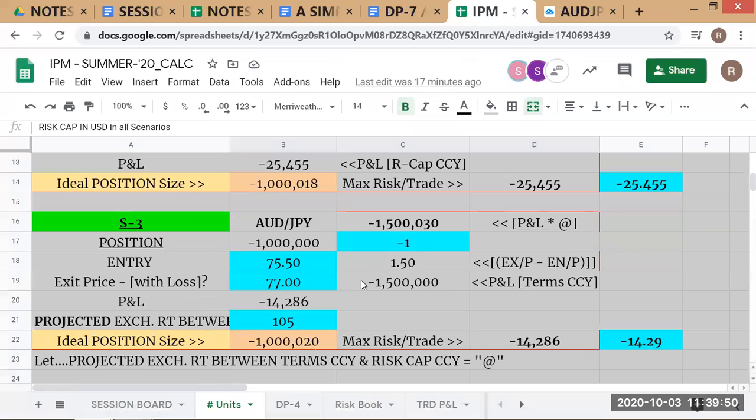Yes, sir. Now, what do you do when you have a rupee amount that you want to convert into a US dollar amount? You divide by the dollar rupee rate. Yes, sir. Why do you divide by the dollar rupee rate? Because the dollar rupee is the factor for converting rupee into dollar.